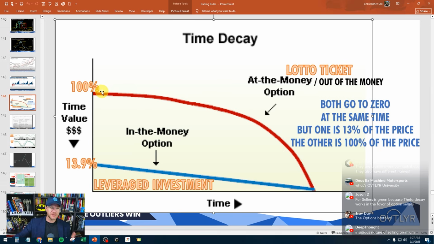So you must hold it and hold it, and you have to go all the way to expiration to get the entirety of that premium that you sold.